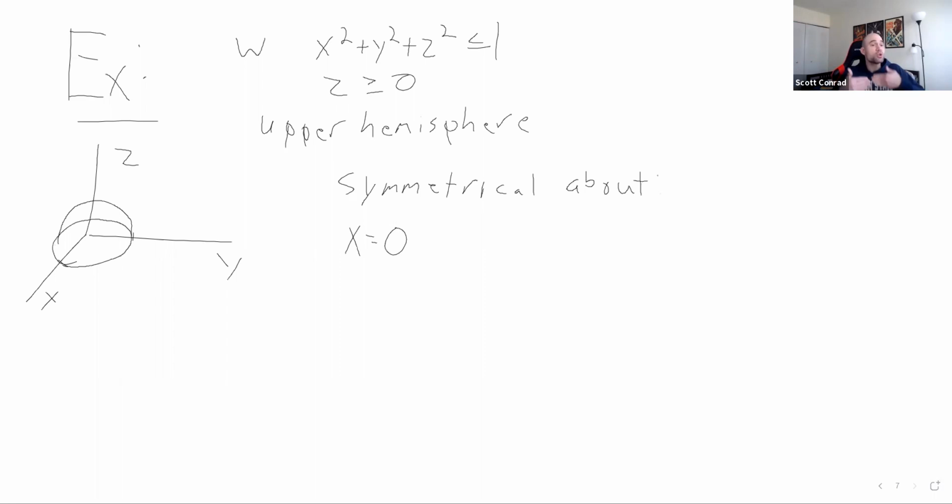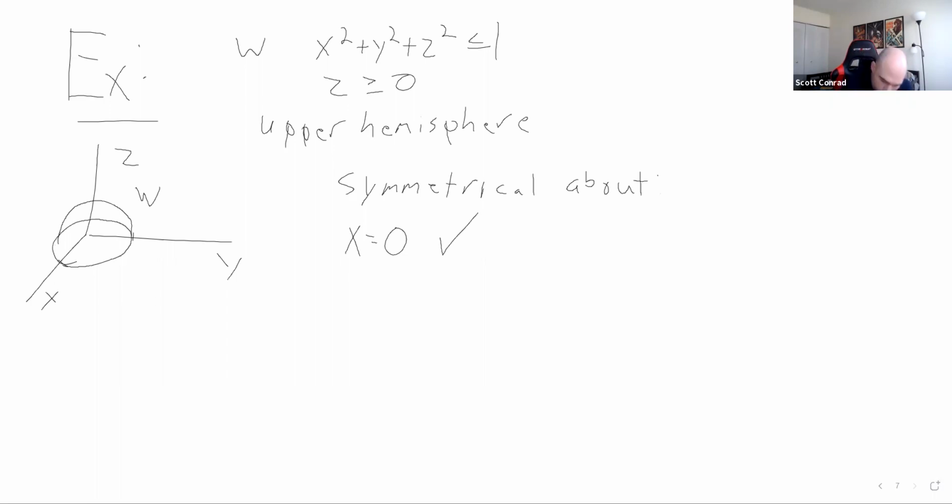Okay, so symmetrical in the x direction. x equals 0, remember, is the yz plane. Is this region W a mirror image in front and behind in the x direction? It is. So we're symmetrical about x equals 0.